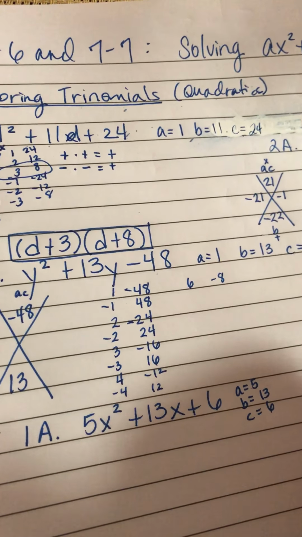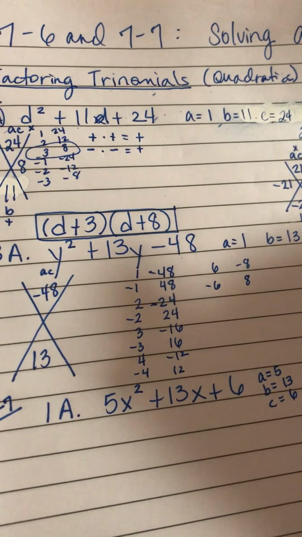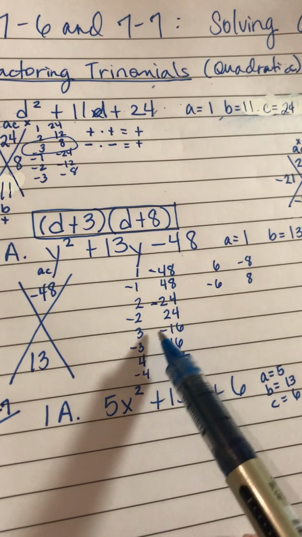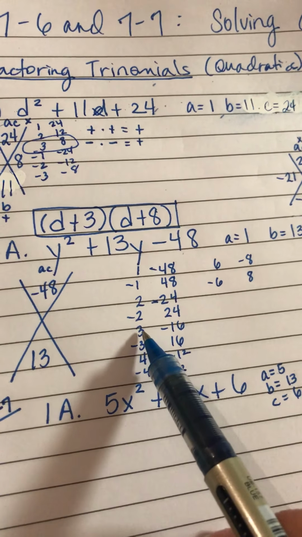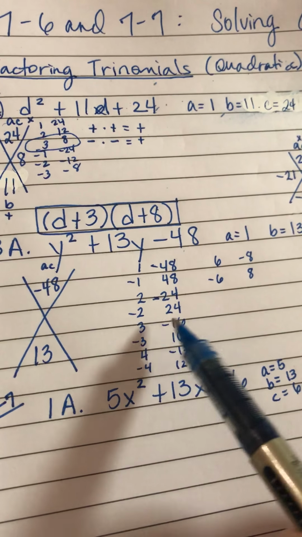Okay, so I want two numbers. These are all the ones that multiply to give me negative 48, but I also want the two numbers to add to give me 13. So I know that right here, 3 and negative 16, those are 13 units apart. But this one would give me a negative 13.